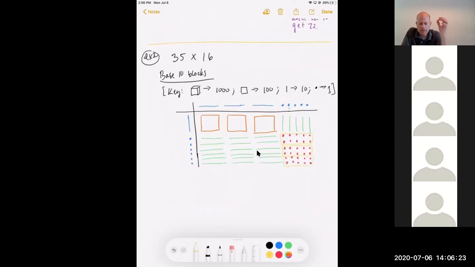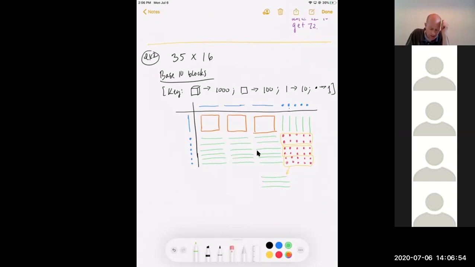So we combine their cubes together because if I start combining my rods together, then I might have some cubes left over to regroup into a rod. So I'm not going to regroup all of my rods first. I need to start from the littlest unit going back up. And that's the efficient approach for the algorithm. So we combine all of those together and you get 3 new rods with no leftovers.